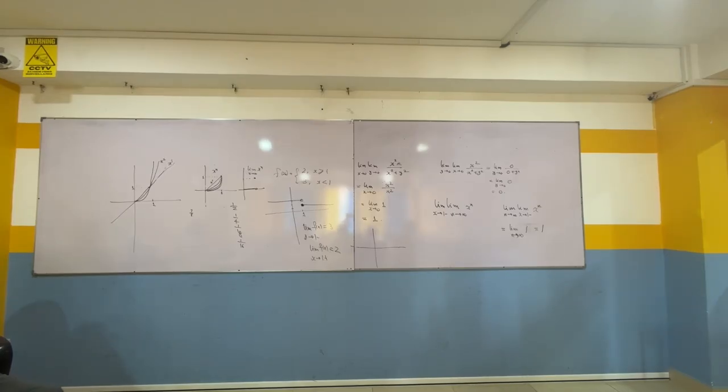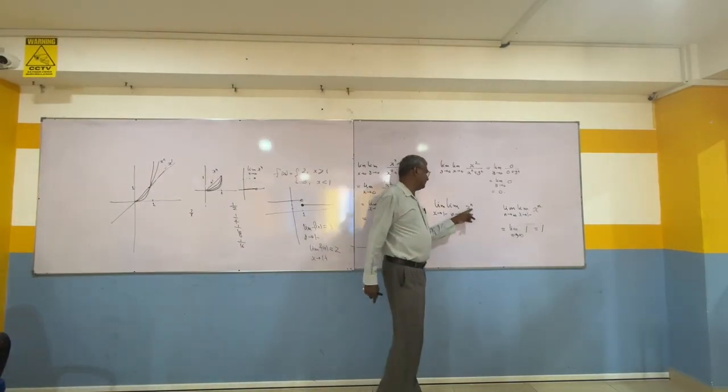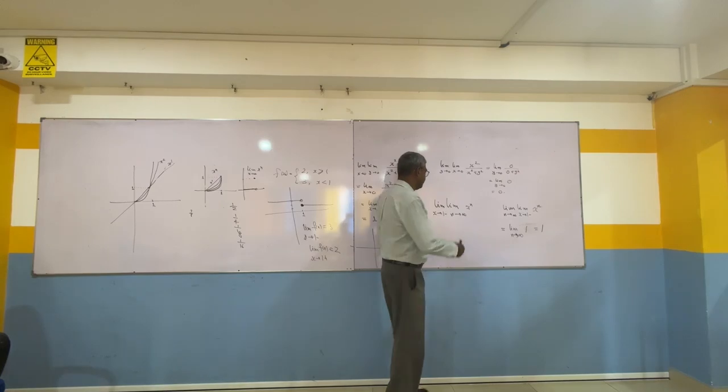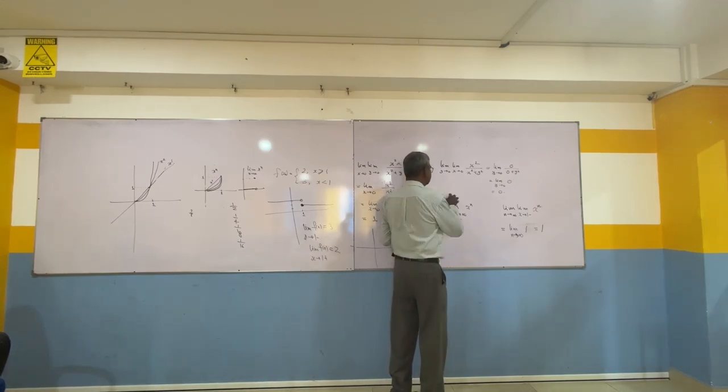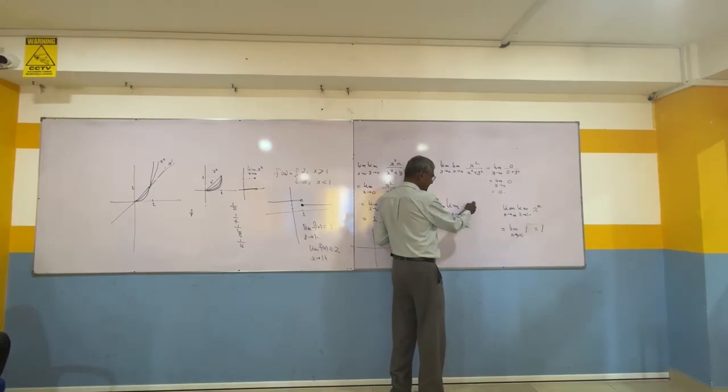You got my point, eh? Because what I am saying is, when you are evaluating this limit, you don't have this part, no? You are just taking this limit. So if x is greater than 1, this limit is infinity.